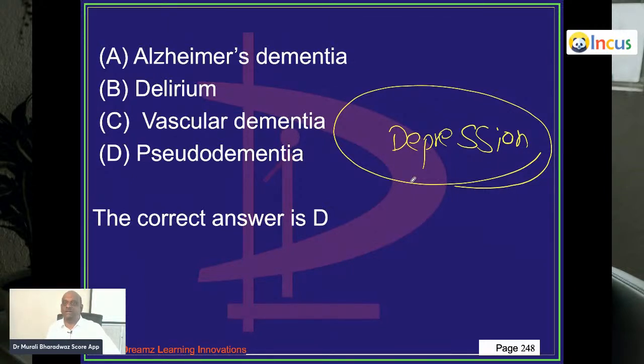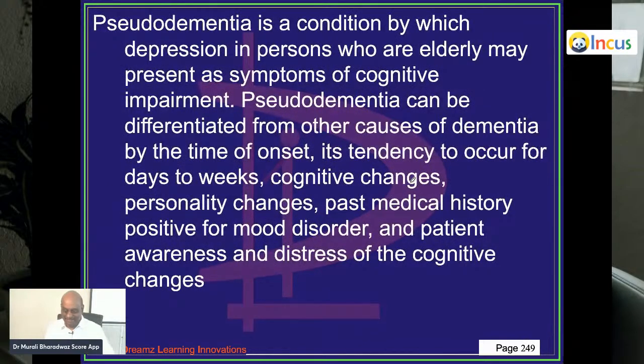That's called pseudo dementia. Dementia is actual dementia. Pseudo dementia is depression leading to forgetfulness. All the students who go for the NEET PG exam, no? I don't remember, I didn't remember, is all because of only two reasons. Pseudo dementia because they are depressed. Second is they are not doing revision. Right? That's what you need to remember.